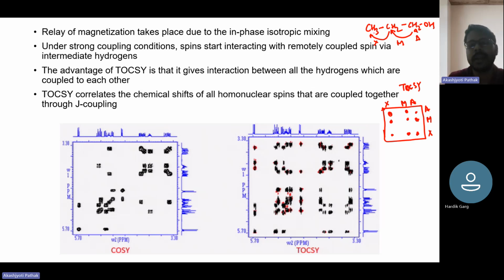That information also we will get. But one thing to note over here is that, for example, if there is a ketone between these two methyl protons, so if this proton is replaced by a ketone, then you will not observe a cross peak between this A and X. So, for example, if you have this CH2.